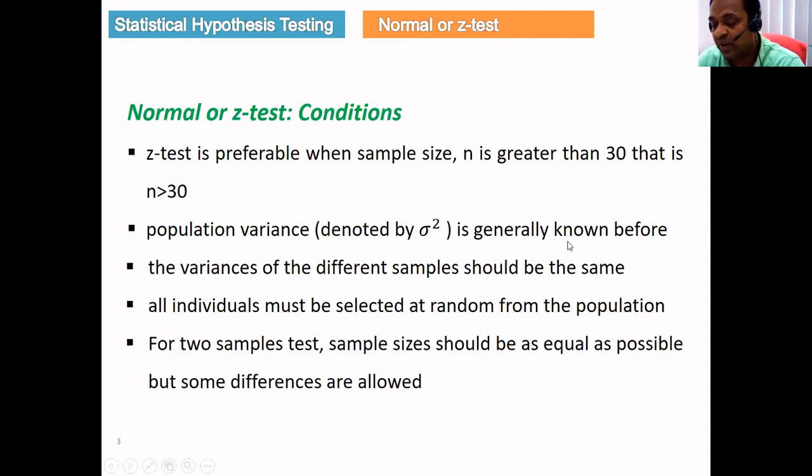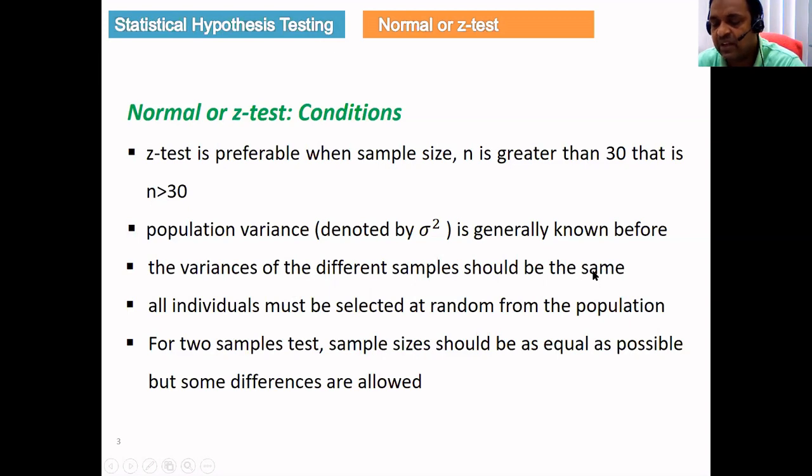When you take a sample, from whichever population you are taking the sample, you should know the variance of that population. This is a very important assumption or condition for the normal distribution. And if you take different samples, the variance of the samples should be the same.